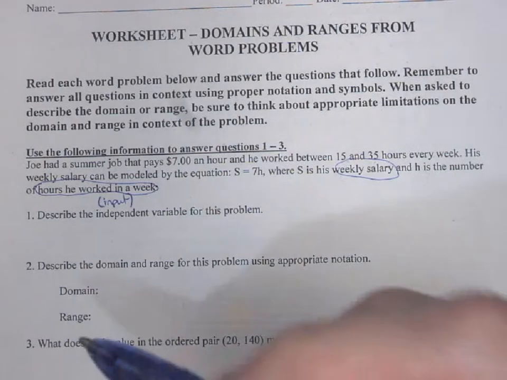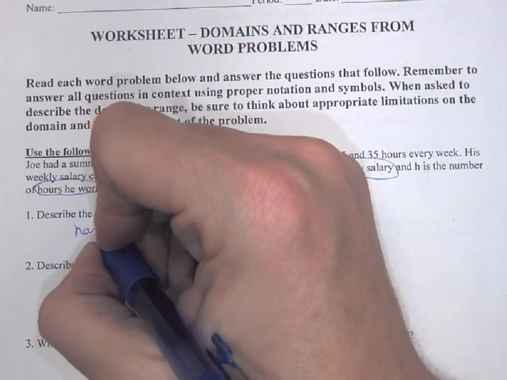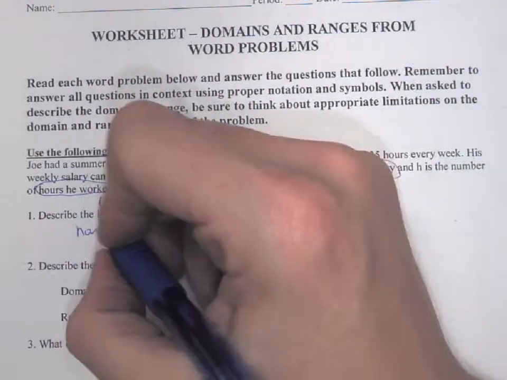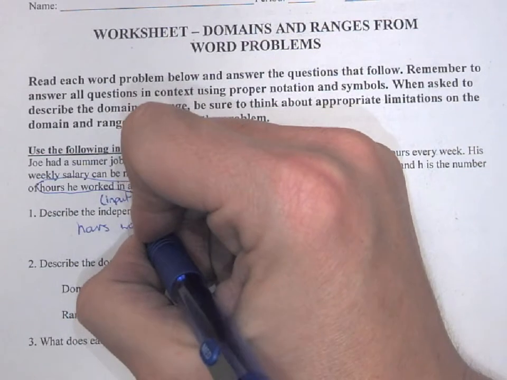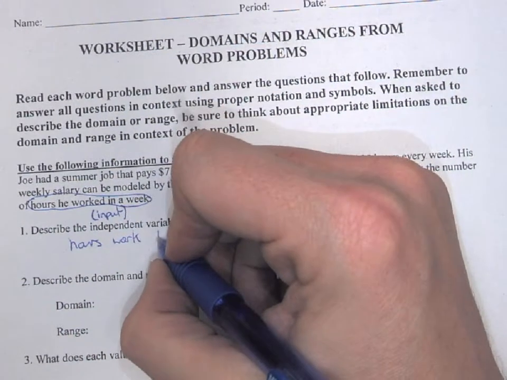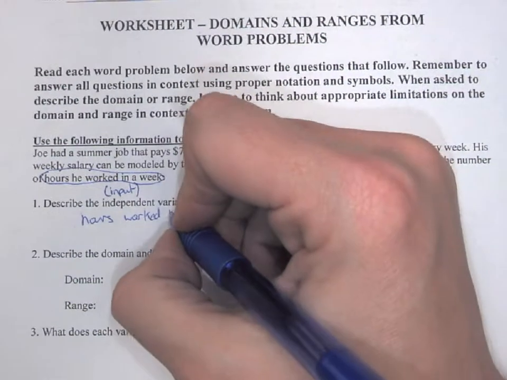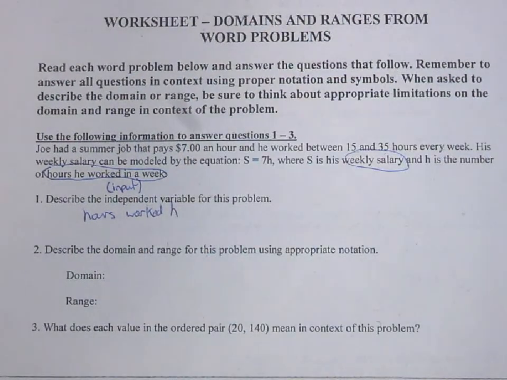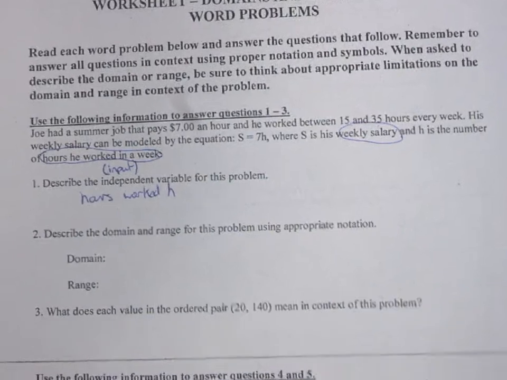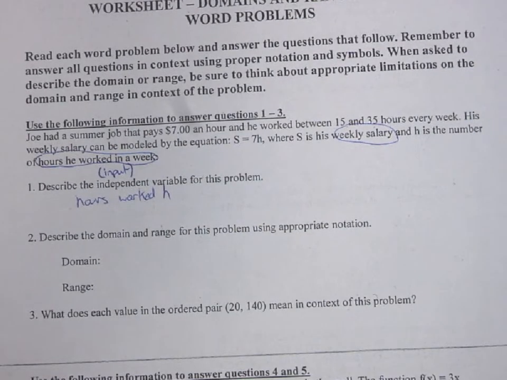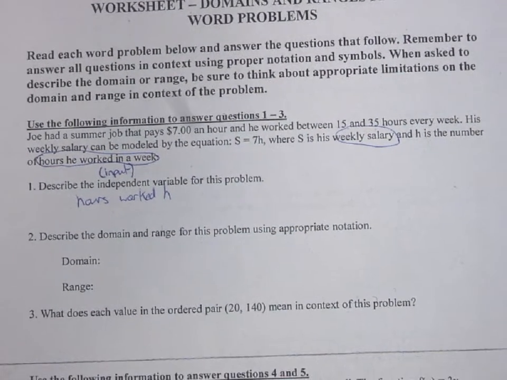So independent is hours worked, and the variable that we have for that is H. All right. That means that the dependent variable is weekly salary, but it doesn't ask us for that. That's not part of the question.